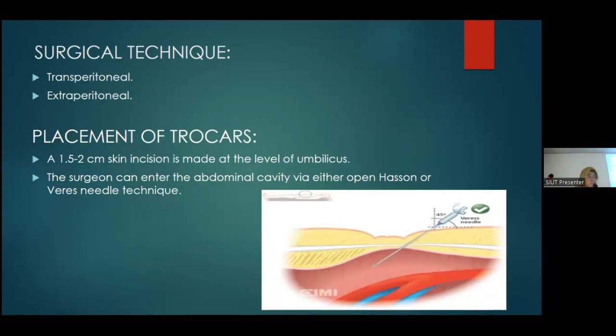In the open Hassan technique, the incision is opened in layers under direct visualization for the placement of the primary trocar for the camera. In the Veress needle technique, the Veress needle is inserted into the peritoneal cavity, and the pneumoperitoneum is created before the placement of the first camera port.